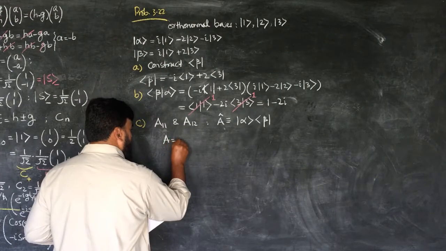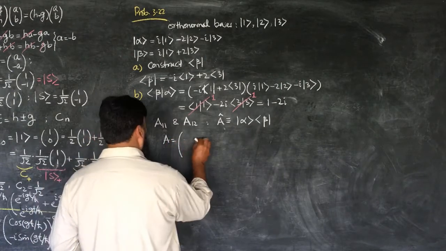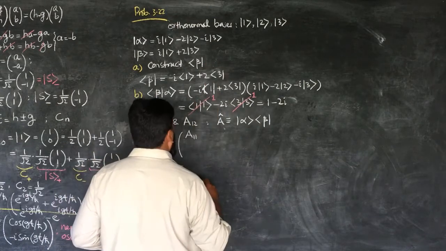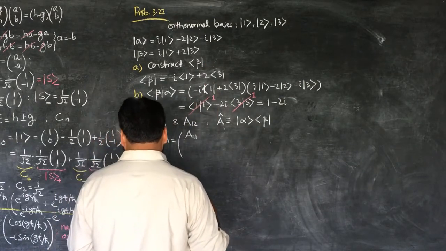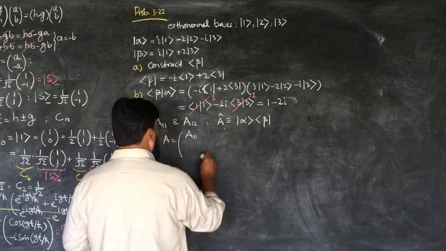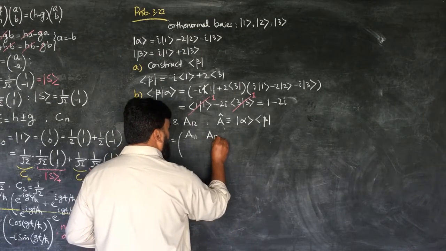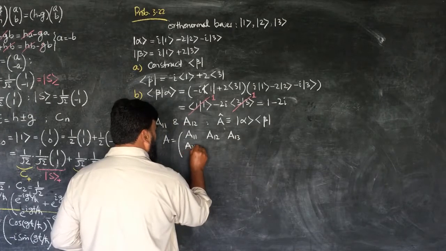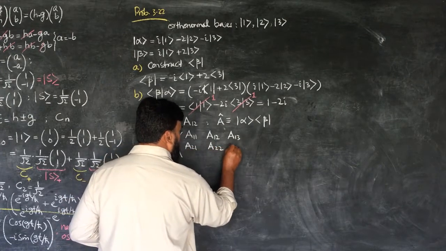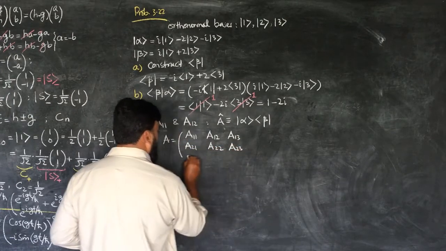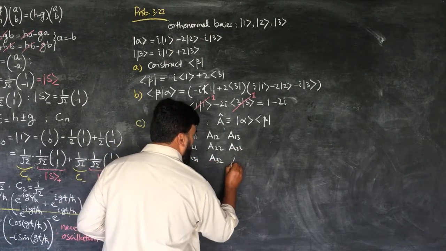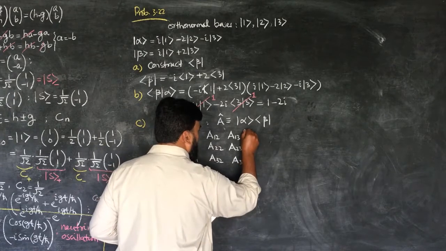The A matrix has 3 orthonormal bases, so we will have a 3 by 3 matrix: A11, A12, A13, similarly A21, A22, A23, A31, A32, and A33.